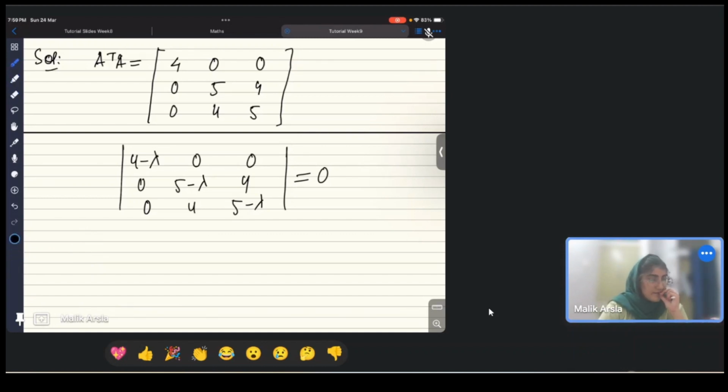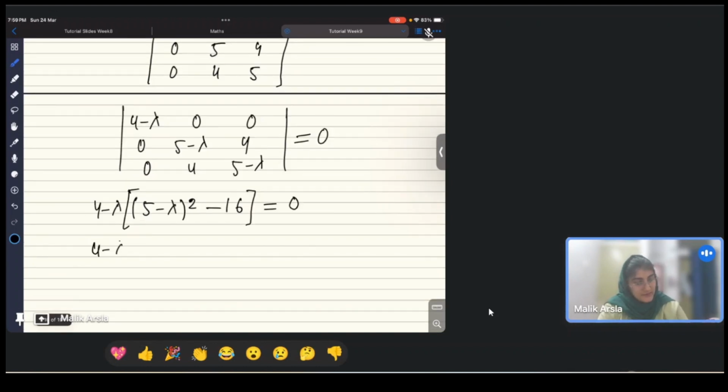It will be (4 minus lambda) into (5 minus lambda) square minus 16, and the rest 2 will be 0.